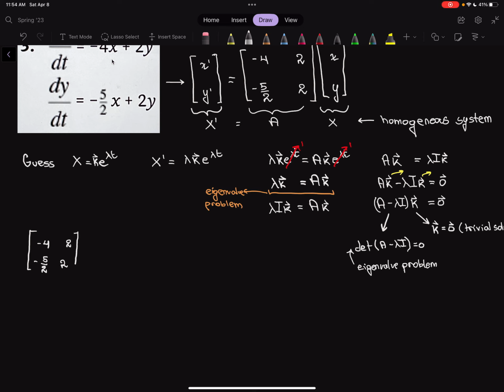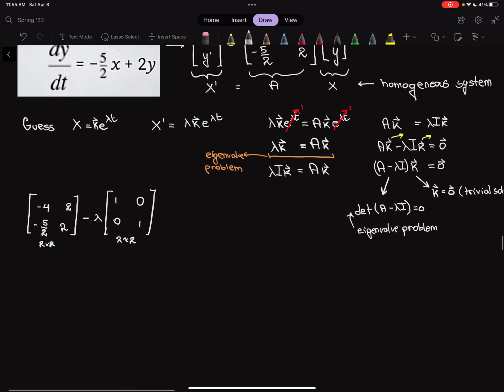Now I'm going to rewrite that expression. So we have minus lambda times I. I has to be the same size as this one to make it something that we can do, and it's the identity matrix, with 1 on the diagonals and zeros everywhere else.